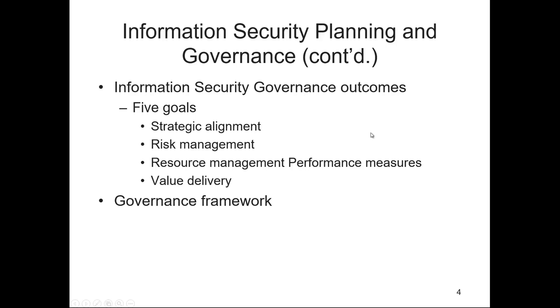The main five outcomes of information security governance are: strategic alignment of information security with business strategy to support organizational objectives; managing risk through executing the proper measures to manage and mitigate threats to information security or information systems; managing resources by utilizing information security blueprint and architecture; measuring performance by monitoring and reporting information security governance metrics to ensure that organizational objectives are achieved; and the last one is delivering value by optimizing information security investments in supporting organizational objectives.